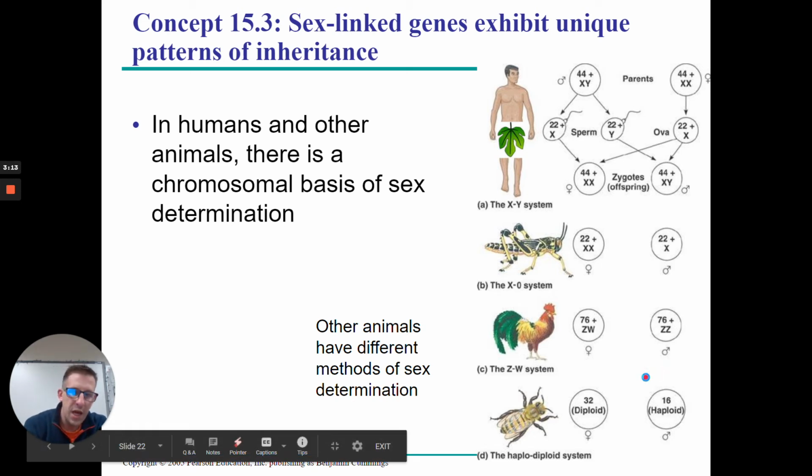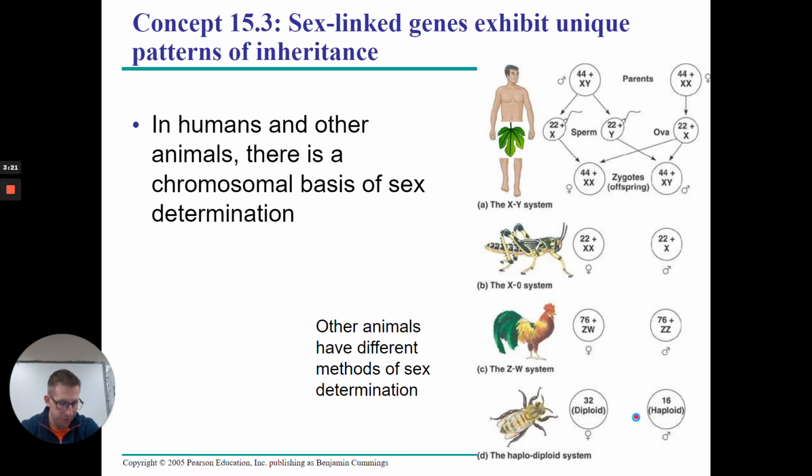I think the most interesting of the 3 that we see right up here is the bees. Bees actually have a very unique system where their males are haploid and the females are diploid, meaning that all of the cells in a male are haploid and all of the cells in females are diploid.